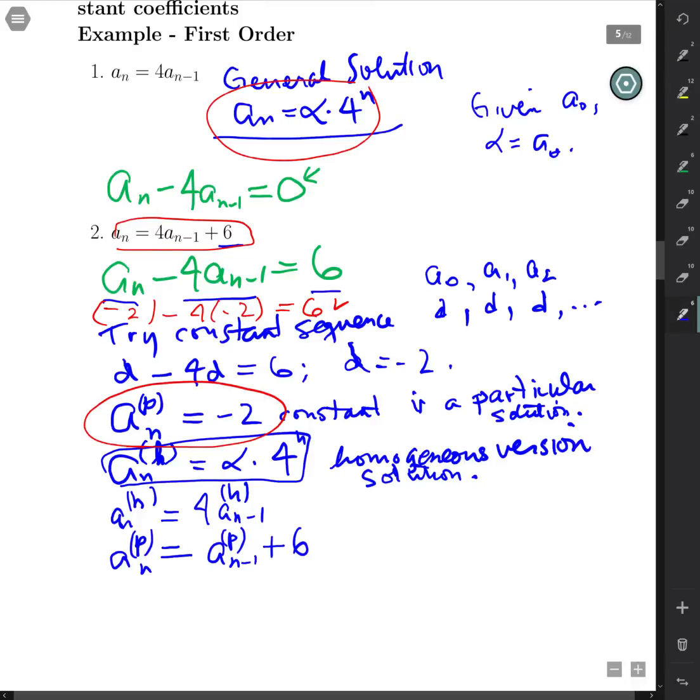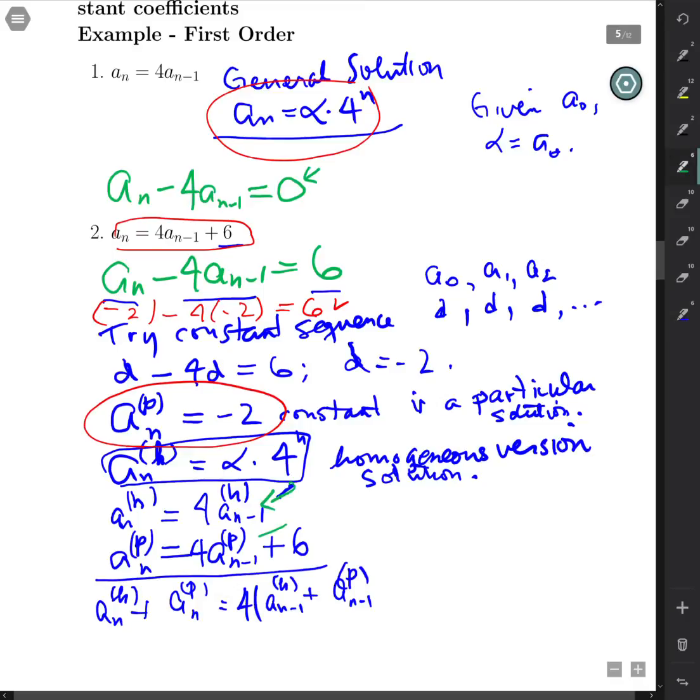Now what I want to do is add and get a_n superscript h plus a_n superscript p, which is equal to 4a_{n-1} superscript h plus 4a_{n-1} superscript p, adding these two terms here, and then finally we have the plus 6 like so.